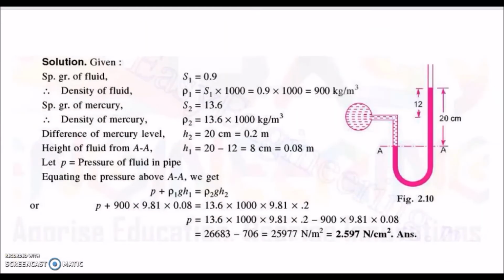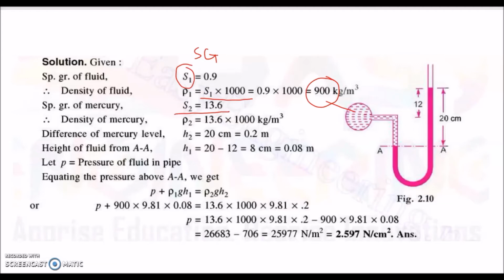Okay, so we are given SG, specific gravity, and need to convert it to density by multiplying by 1000. So this is the density for the oil here, the dotted red for oil. And then we have 13.6 specific gravity, which is basically mercury, so that is density 2.